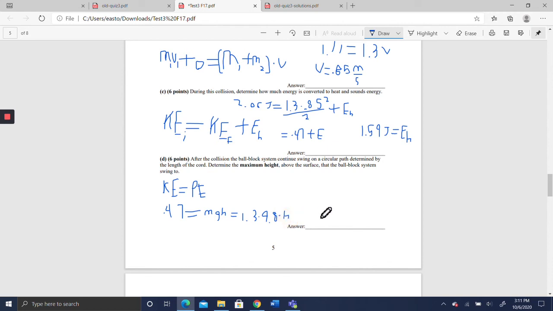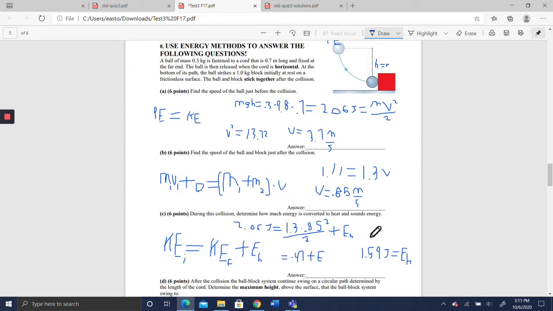We get 0.47 divided by 9.8, then divided again by 1.3, and we have h is equal to 0.037 meters. And that should be our answer.